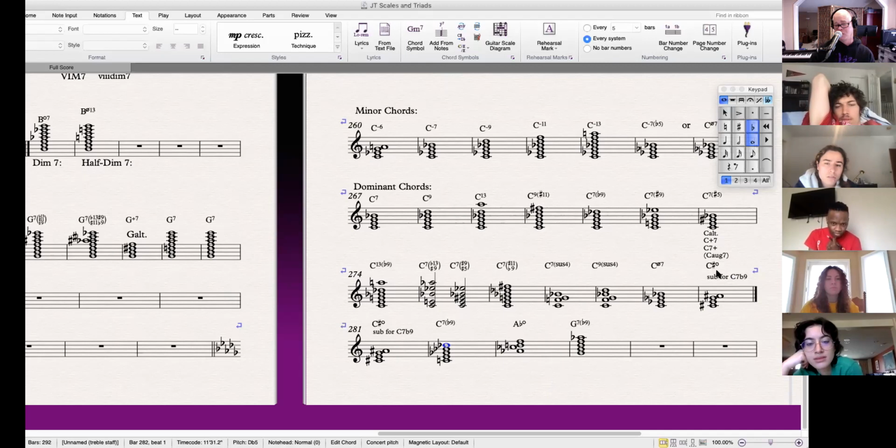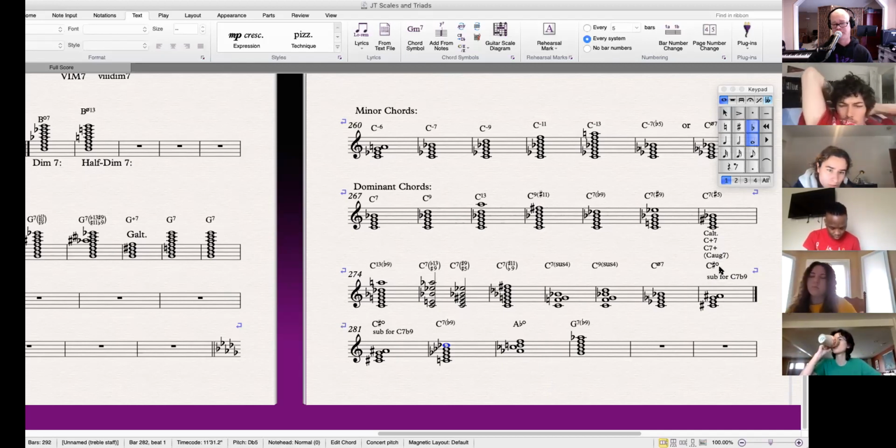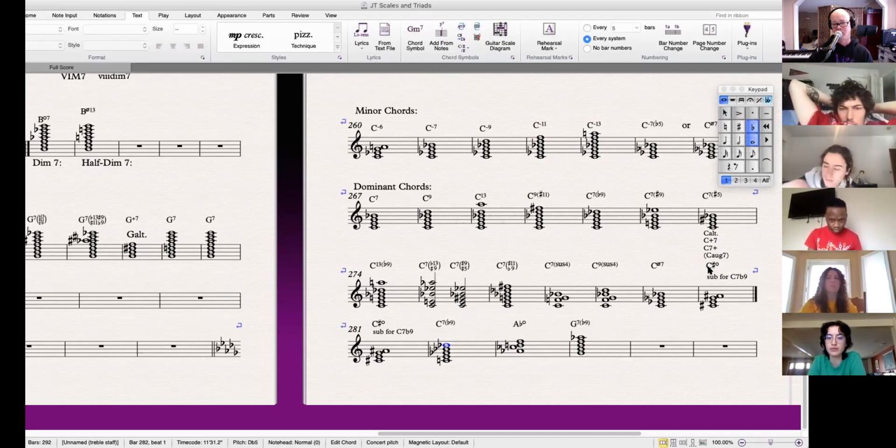Now, we did experience the diminished chord as a diatonic chord in the key of, well, in this case D minor, but D harmonic minor. But it's not used very frequently in that key. It can be used as a substitute.